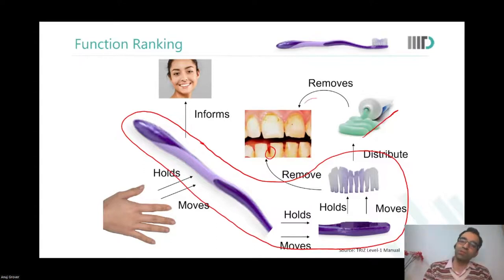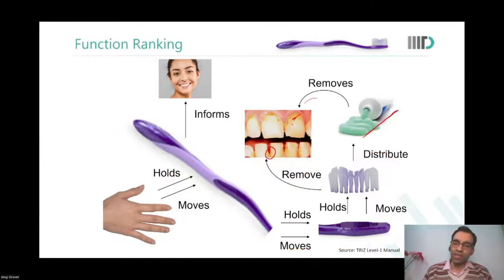Toothpaste removes plaque. The handle informs the person what the progress is in terms of brushing the teeth. So all these functions are happening in this engineering system. Should we start to rank them now?